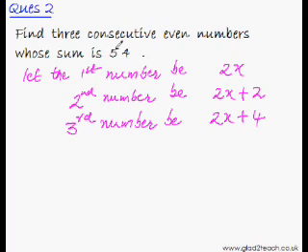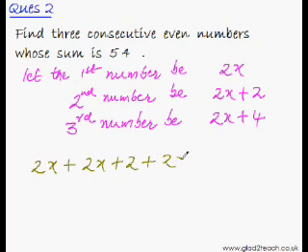See, the second step is to create an equation. So that means the sum of all these expressions should be equal to 54. And since this equation is already balanced, you just have to solve it.